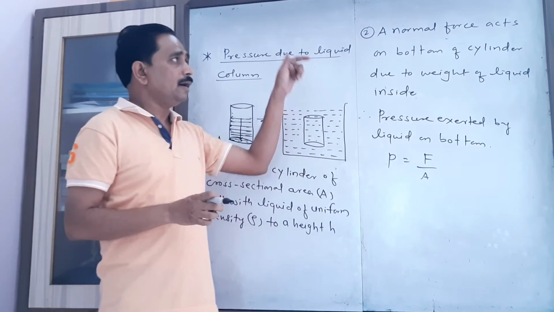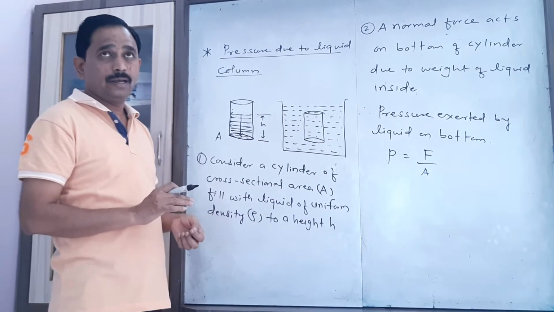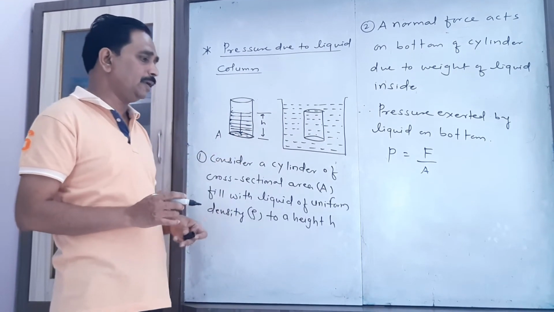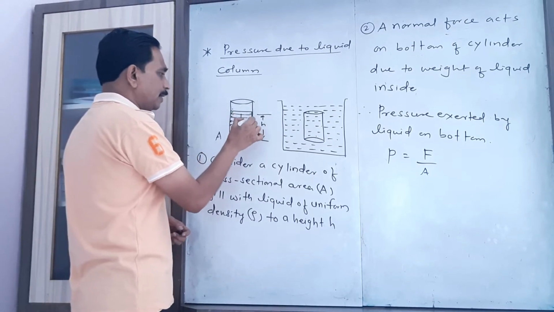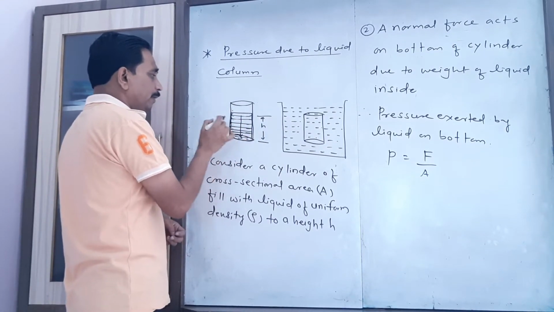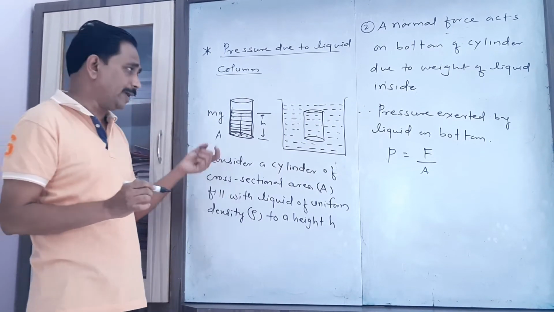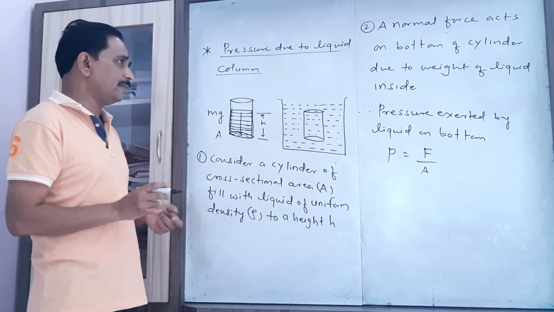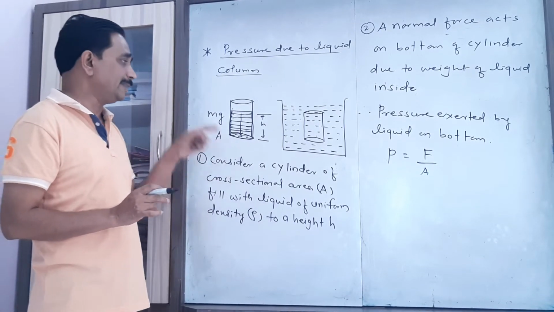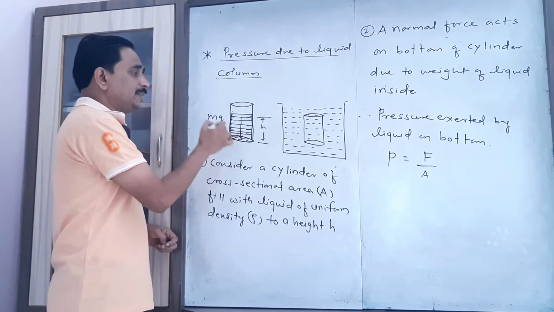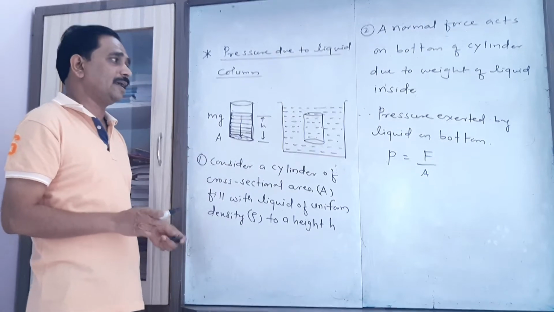So I write here: a normal force acts on the bottom of the cylinder because of the weight of the liquid inside. Whatever liquid is present here has a certain weight, and that weight always acts in the downward direction. Now we have to find the pressure exerted by this liquid on the bottom of that cylindrical vessel.